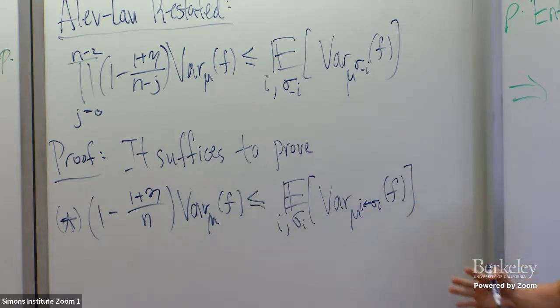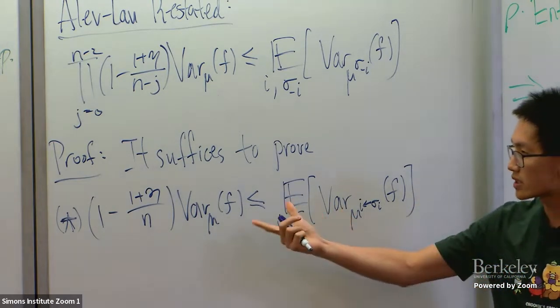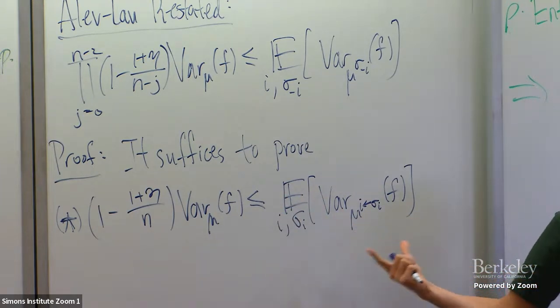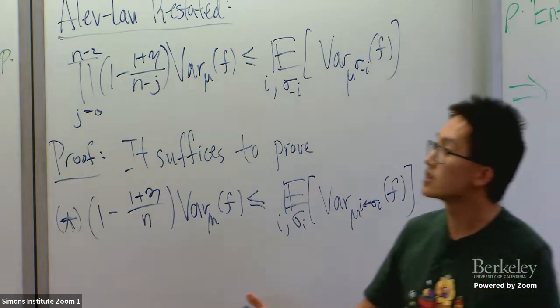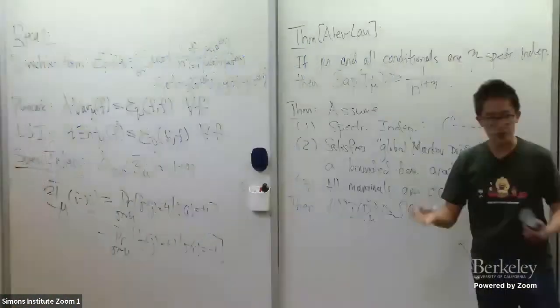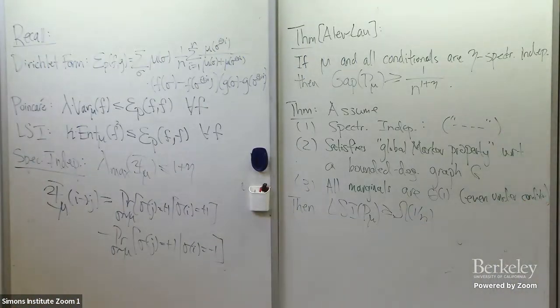I claim that this suffices. Why? Because then I can iterate this, apply the star inequality to each of the conditional measures. Remember, I'm assuming that all conditional measures are spectrally independent. Is that okay?